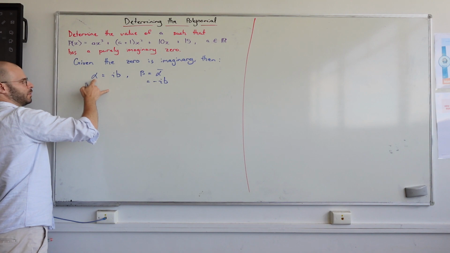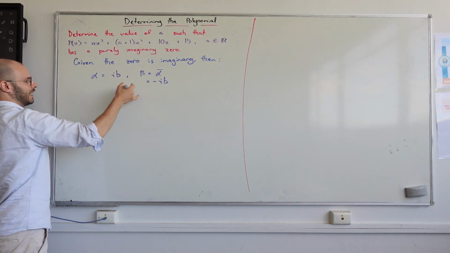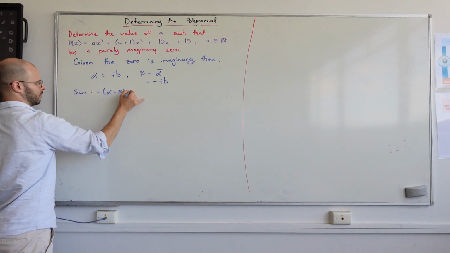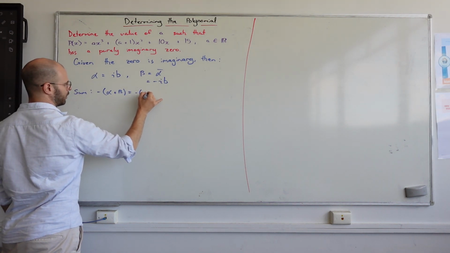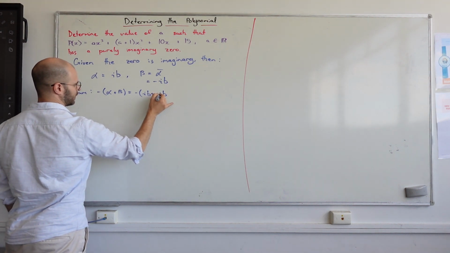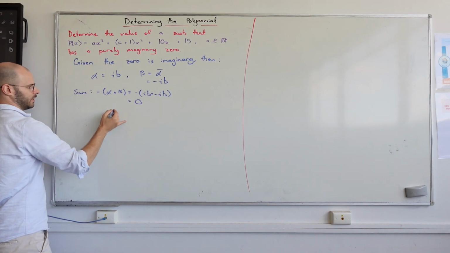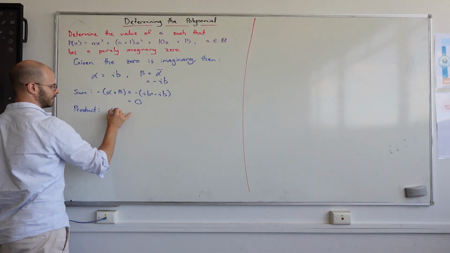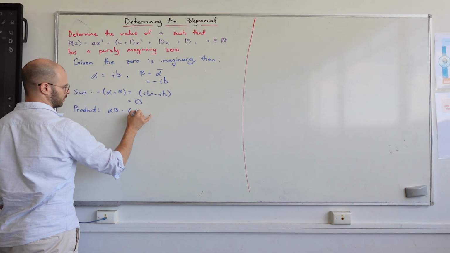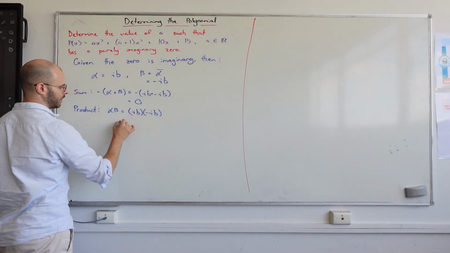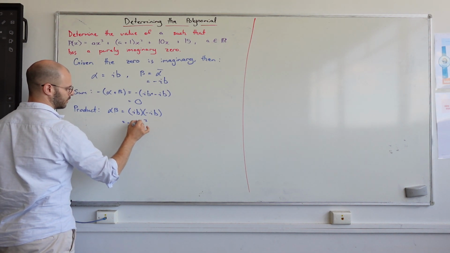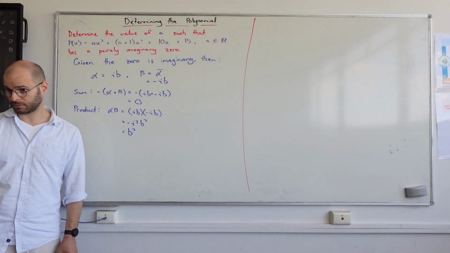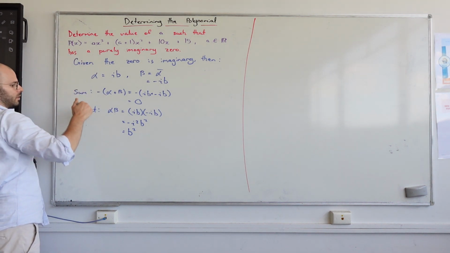If we know that the zeros are alpha, beta, which is ib and negative ib, then using our sum and product, we discover that the sum is ib plus negative ib, which is 0, and our product is alpha beta, which is ib times negative ib, giving us negative i squared b squared, which just becomes b squared. Making sense?